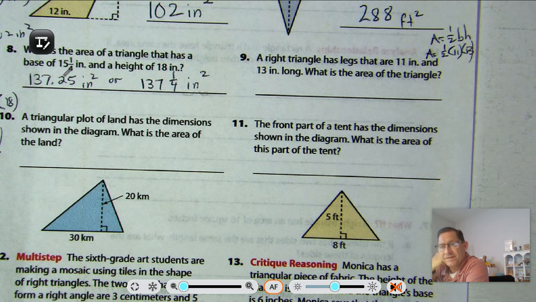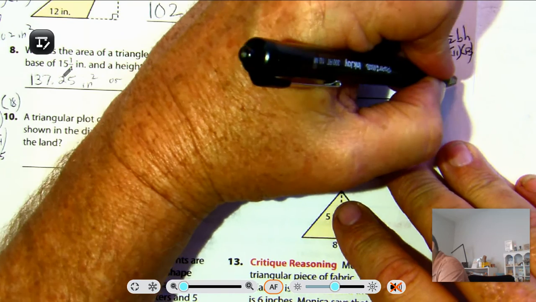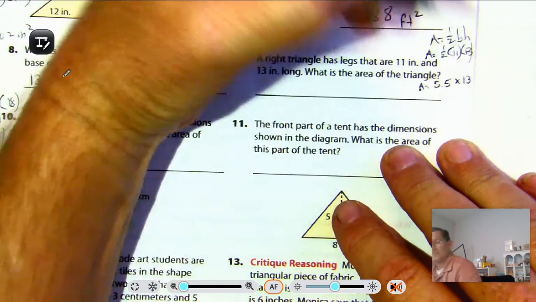So half of 11 is 5 1/2, because half plus a half is 1, and 5 plus 5 is 10, 10 plus 1 is 11. So area equals 5 1/2 times 13.